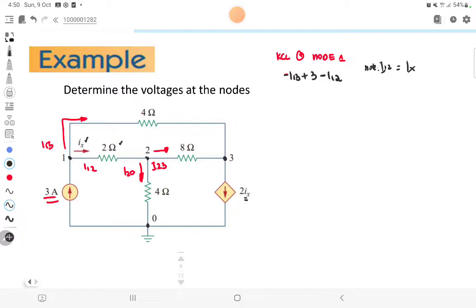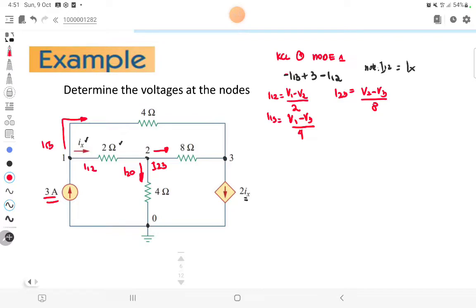But what is my I12? Notably, our I12 is equal to V1 minus V2 all over 2 ohms. Same is true with my I13, which is equal to V1 minus V3 all over 4 ohms. And my I23 is equal to V2 minus V3 all over 8 ohms.